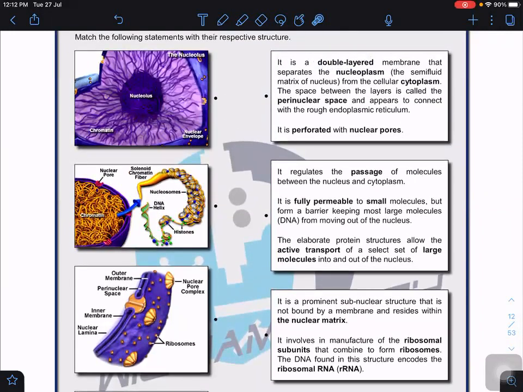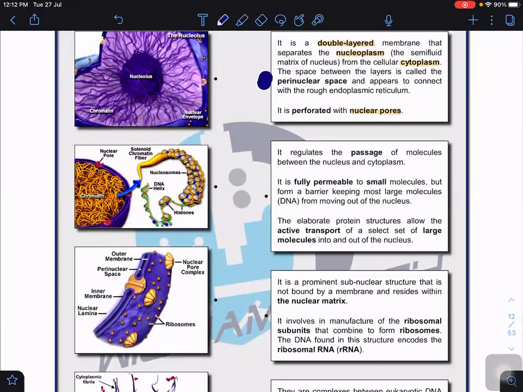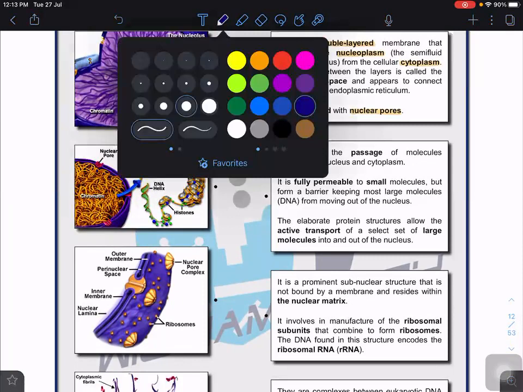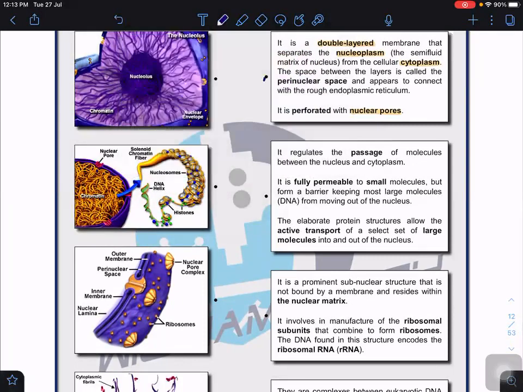Double layer, separating the nucleoplasm from the cytoplasm. This is very important. We know that this must be the nuclear envelope because it's perforated with nuclear pores. So the first answer connects to the nuclear envelope.